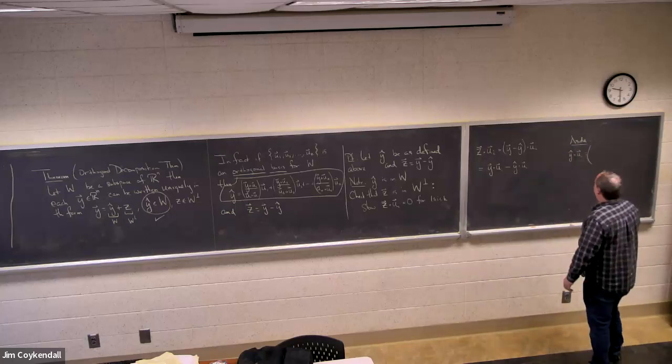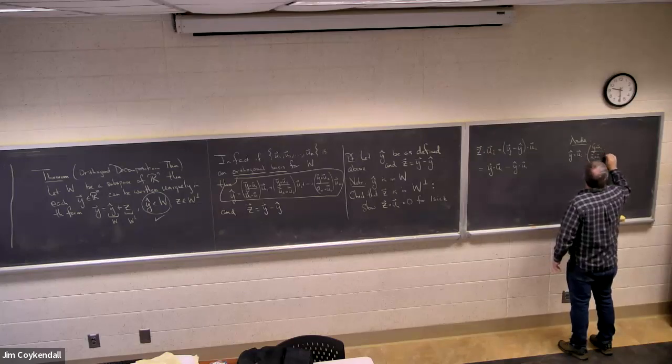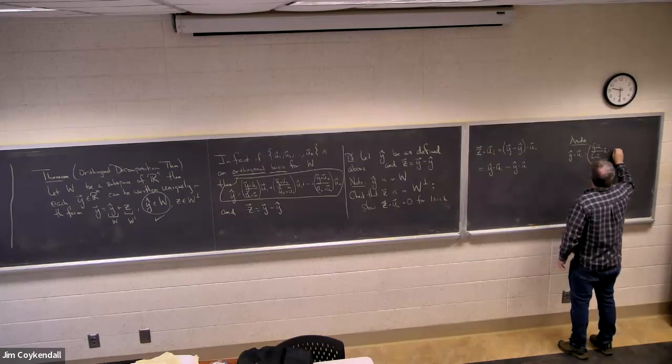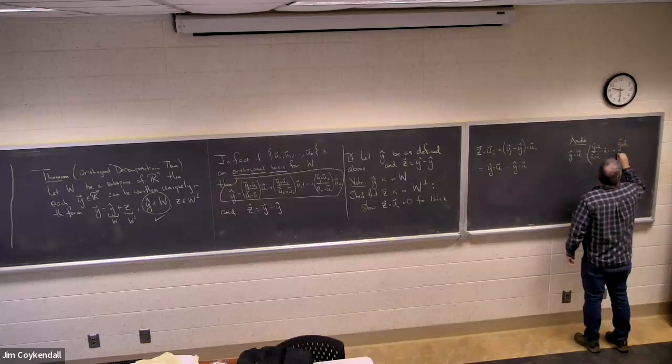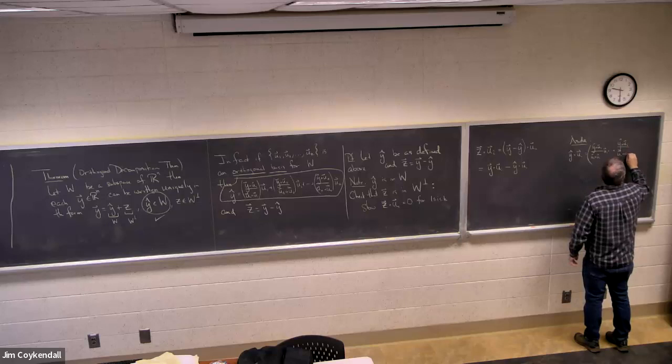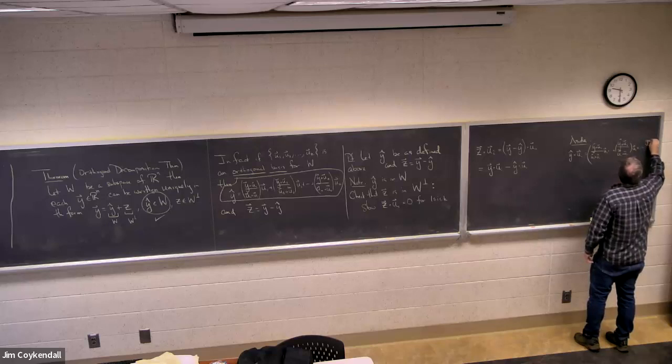Gosh, what a mess that is. y hat is y dot u1 over u1 dot u1 times u1, plus y dot ui over ui dot ui times ui, plus y dot uk over uk dot uk times uk.